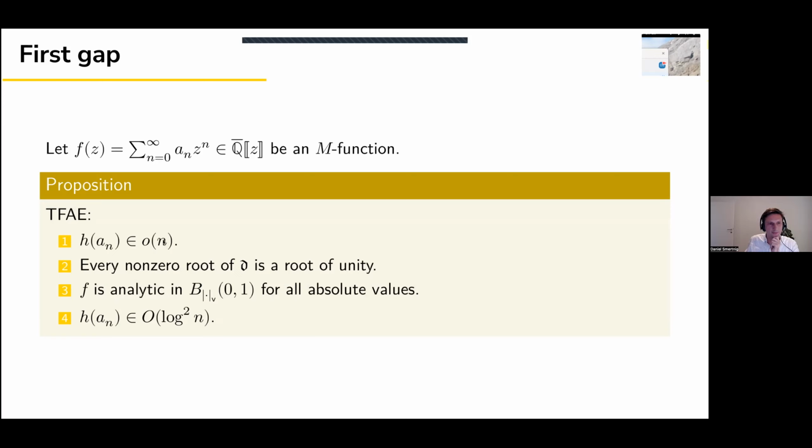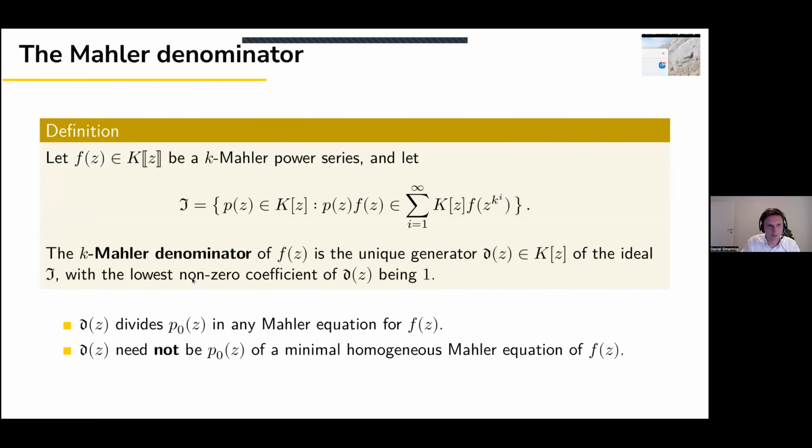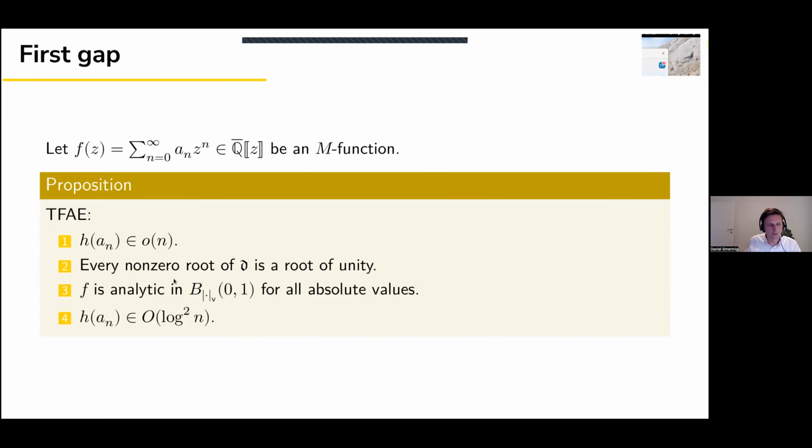So this is this gap from little o to big O log squared n. And the structural description is that all the non-zero roots of the K-Mahler denominator are in fact roots of unity. And in some sense, this first gap is the hardest one because it uses this transcendence series. So the gaps get easier and easier as you get down because you have more structure.